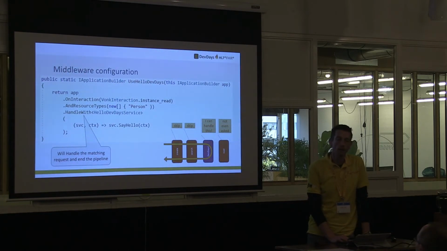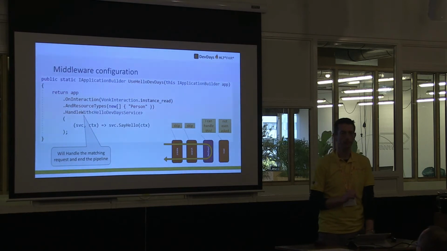Can the plugin look at the data and decide for that particular request whether it just wants to pass it down the line? Yeah, you could just catch Vonk interaction all, and then inspect it. But be prepared that every request will go through that method, so it had better be fast. You're not going to do a lookup in the database for it. No, but if it was an access control thing, for example, you might do that.